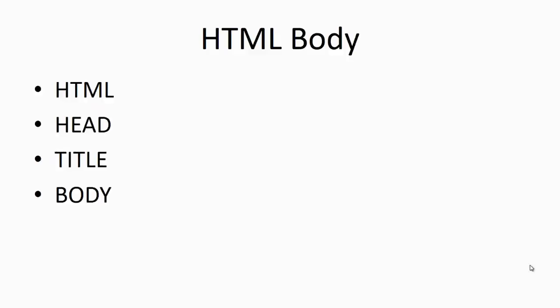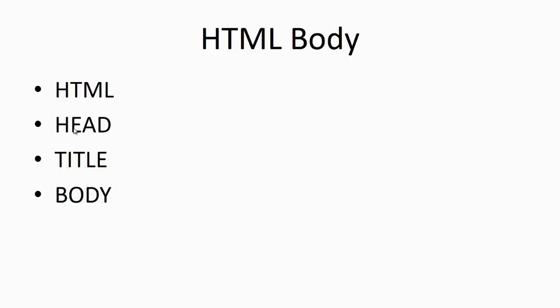Now, before I move on to video number 2, we are going to talk about the basic structure of an HTML body. Whenever you create a new HTML page, at the top you're going to have an HTML tag, and think about it wrapping around everything. Right underneath the HTML, you have the head. So this is kind of saying, okay, this is an HTML page, and then the next thing you'll see is the head.